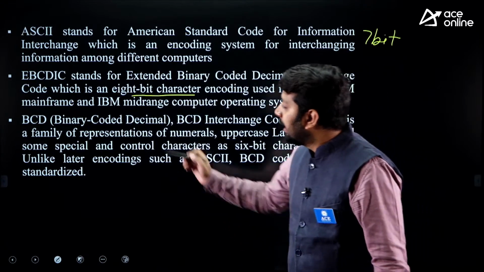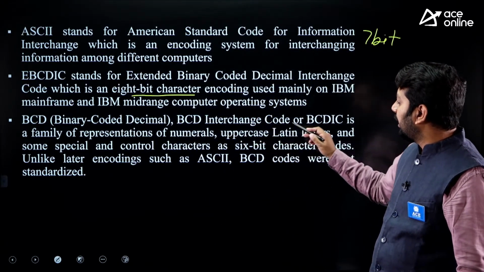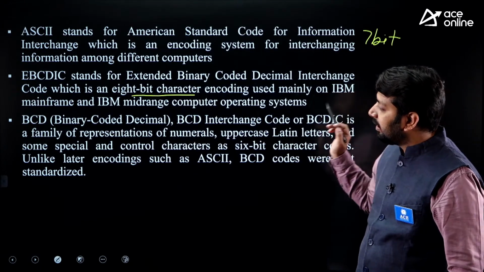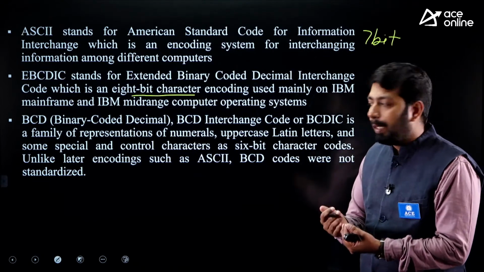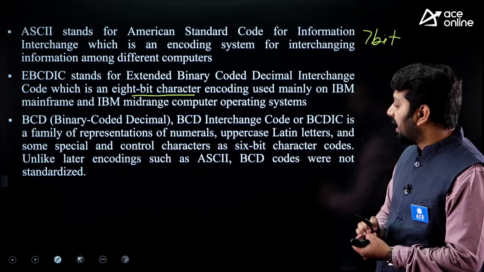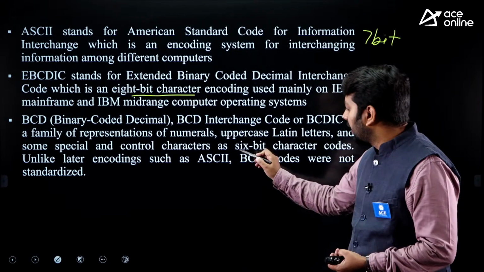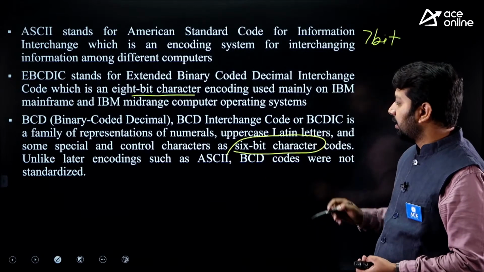Now BCD, binary coded decimal. BCD Interchange Code, or BCDIC, is a family of representations of numerals, meaning numbers, uppercase Latin letters, and control characters as 6-bit characters. So the first is 7-bit, then 8-bit, then 6-bit character codes.